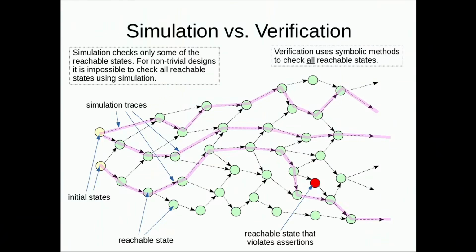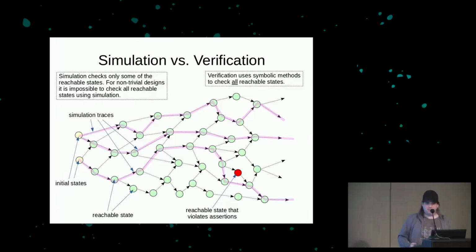And when you simulate it a lot, you can be fairly certain, you can be more certain if you simulate for many hours, but only with formal verification you can absolutely be sure that no assertion can be violated in your design. So that's what we're talking about when we're talking about formal verification.